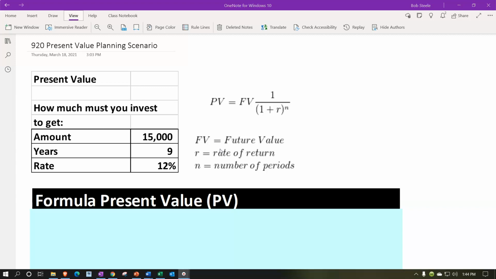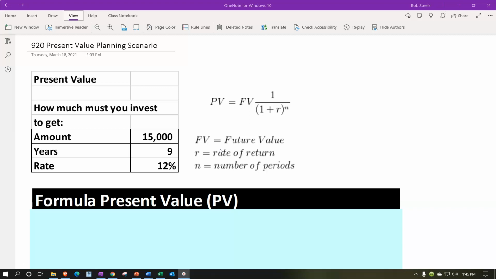First off, just note this could be a little bit confusing, because this is a present value type of calculation, yet we're thinking about how much we'd have to put in now to get to some point in the future. You might start thinking that maybe I should just pick amounts that I would put in right now and then do a future value calculation, which you could do, but that would be a trial and error type of scenario.